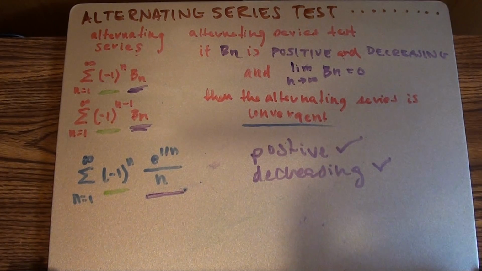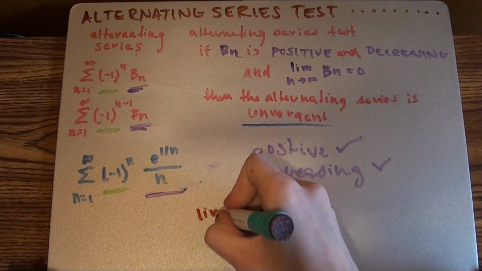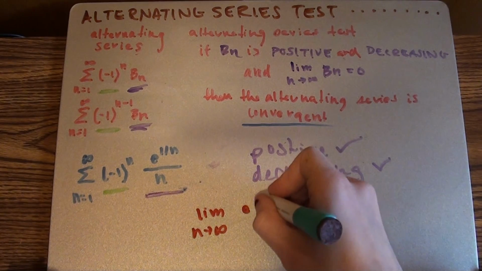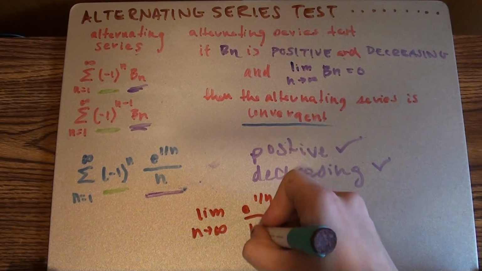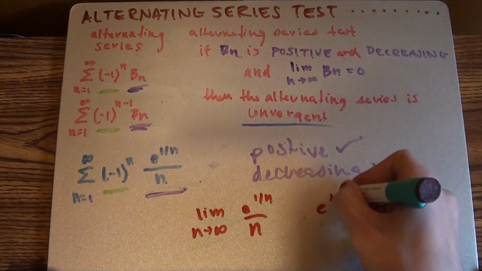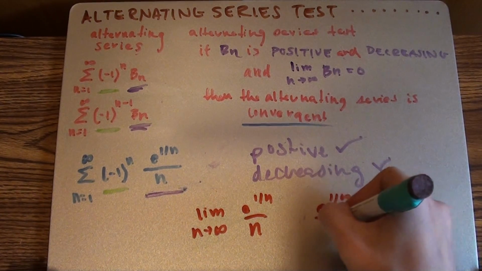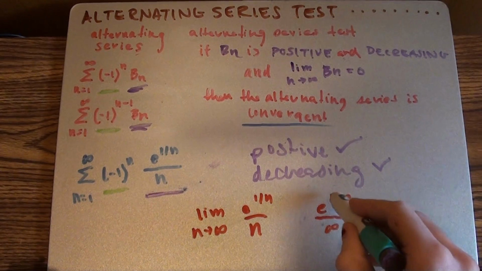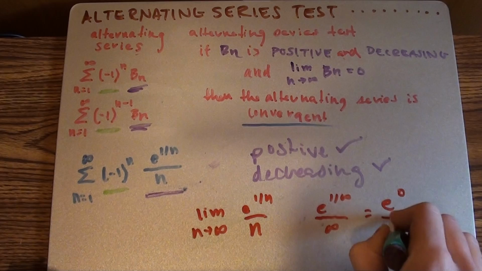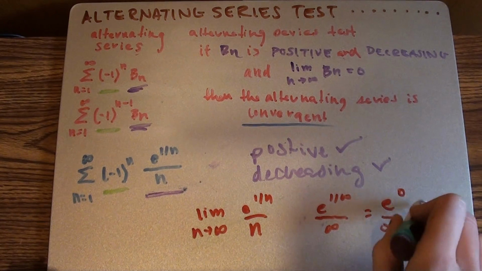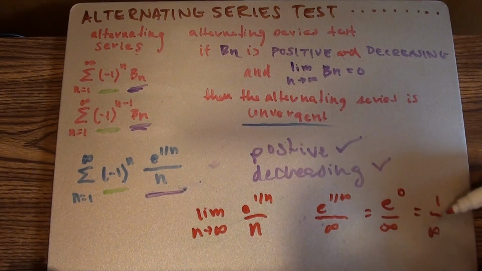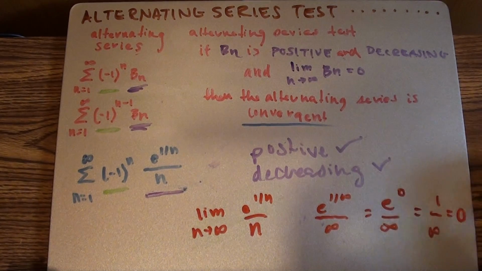Here we go. Okay. We have the limit as n goes to infinity of e^(1/n) all over n. So if you plug in our infinities, we're going to get e^(1/infinity) all over infinity. We know that 1 over infinity is 0, so that's e^0 all over infinity, which is the same thing as saying 1 over infinity, which we know is 0.